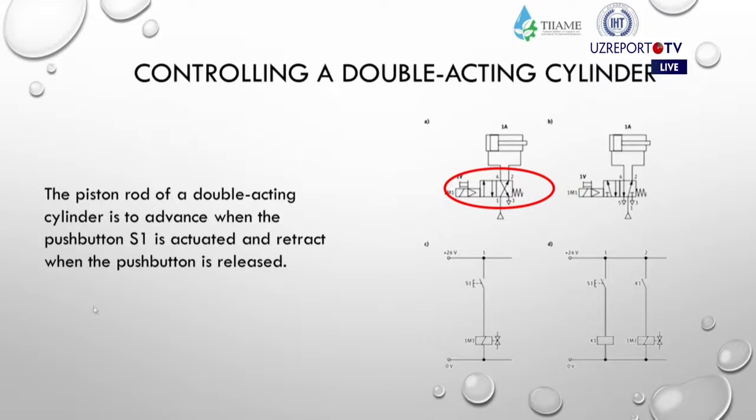And the next one is B. Here it just gives pressure to the lines, then comes back to the pipe and cylinder, to the piston again. And here we have the double action differences. The piston rod of the double action cylinder advances when push button S1, as shown in the downside, is activated, and retracts when the push button is released.